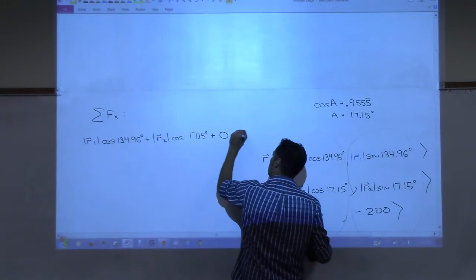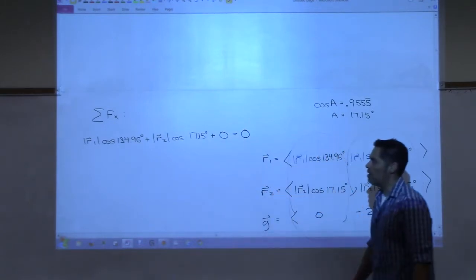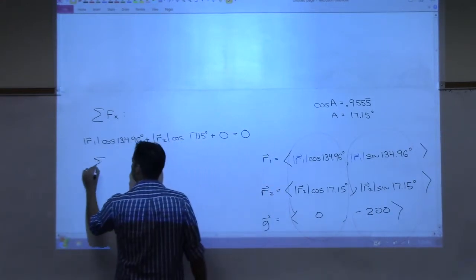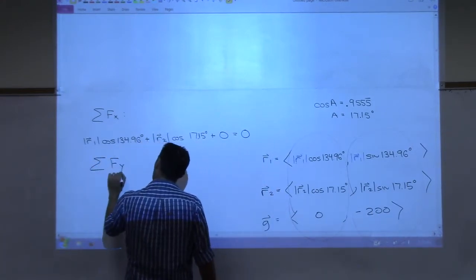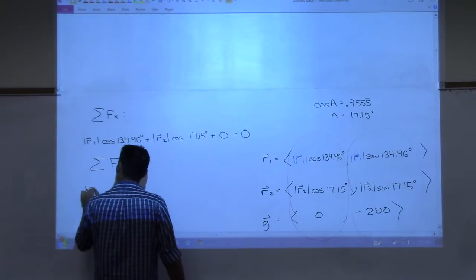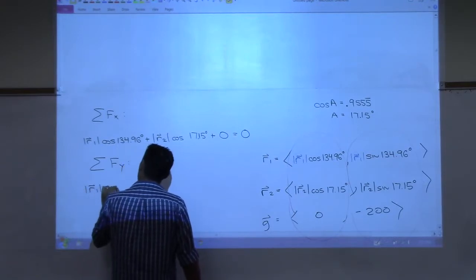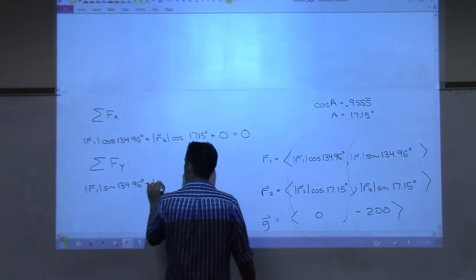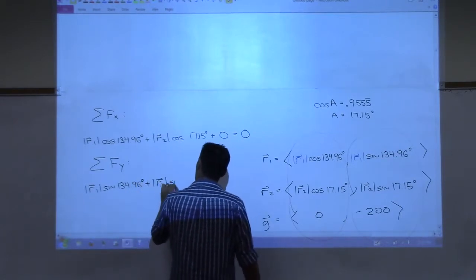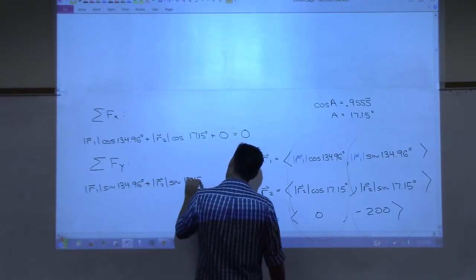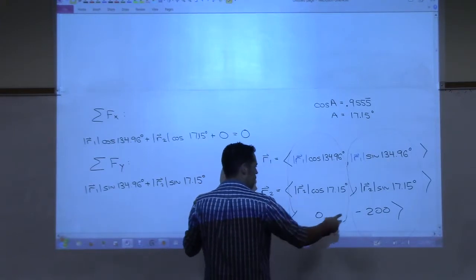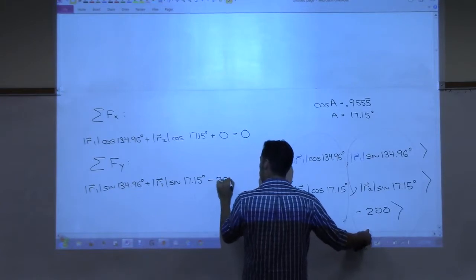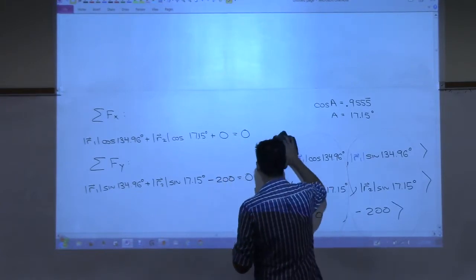That must equal 0, right? That's my first equation. The sum of the forces in the y direction is magnitude of R1 sine of 134.96 degrees, plus magnitude of R2 sine of 17.15 degrees, plus what? Negative 200? So I'm going to just put minus 200, but that must be 0.